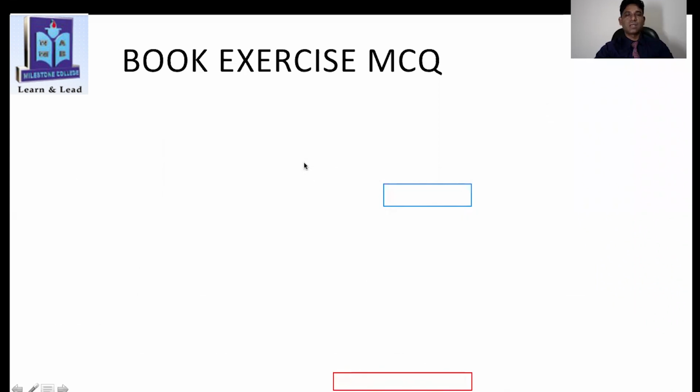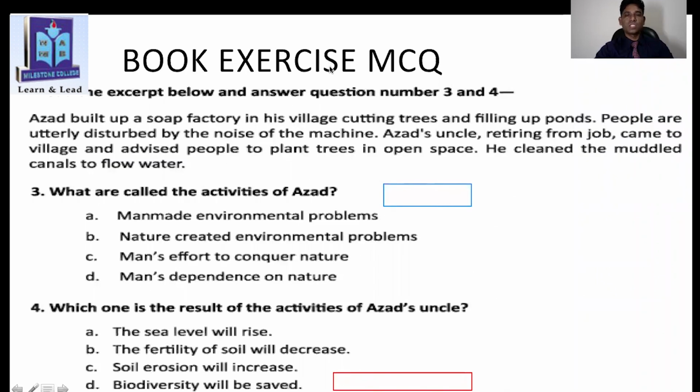You can see here another two MCQ. But first you have to read the stem, then try to find out the answer. Azad built a soap factory in his village, cutting trees and filling up ponds.